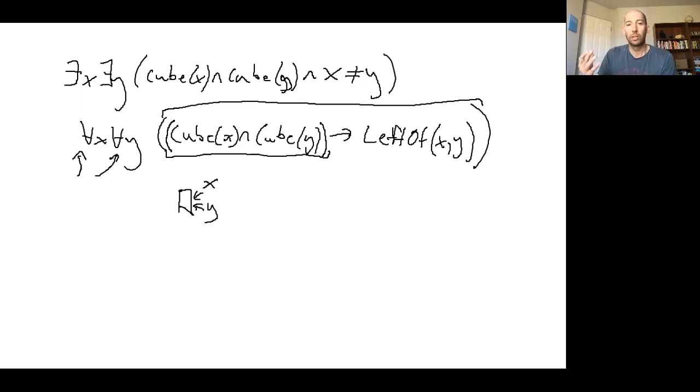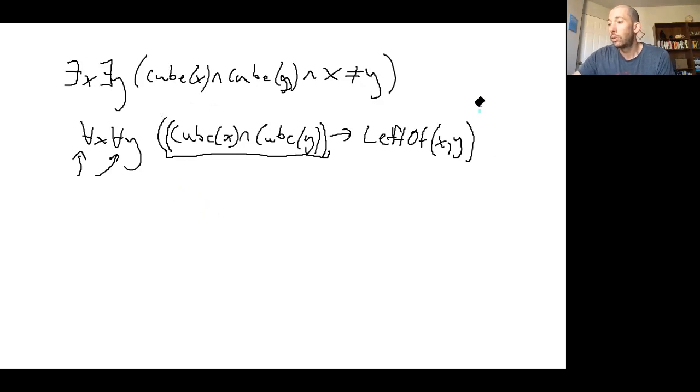We might want to, in this case, say something like, every cube is left of or right of every other cube. So in that case, what we would want to do is add to this sentence something like, x is left of y or right of x, y.